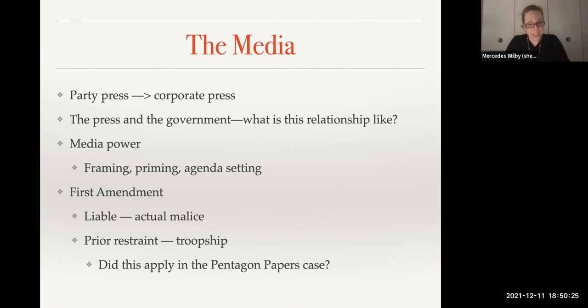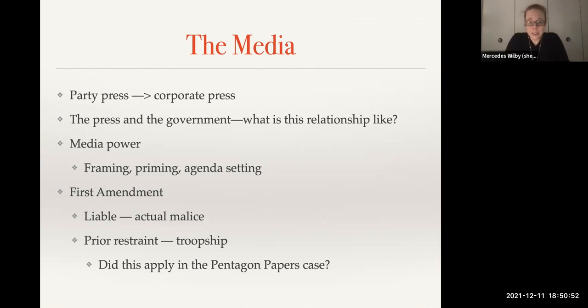So that is a pretty hard thing to prove, which means that the media is protected if they accidentally lie, right? If they really think they're publishing the truth, but it turns out it isn't. And obviously the media is protected if they tell the truth, because truth is a defense for libel, at least in the US, right? So you can't be sued for libel if what you are saying is true.